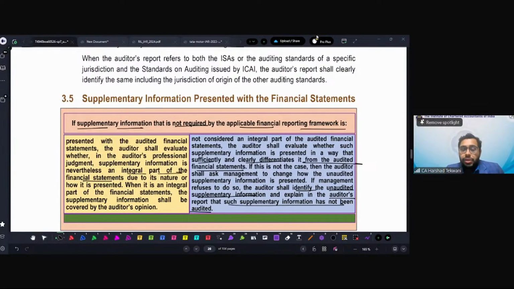This is not covered by the auditor's opinion. You can identify this particular part in your opinion paragraph itself, because where I'm giving my opinion, over there I am mentioning all the titles and everything. Over there I'm mentioning the titles that I have audited. Over there you can explain that my opinion does not cover this supplementary information.